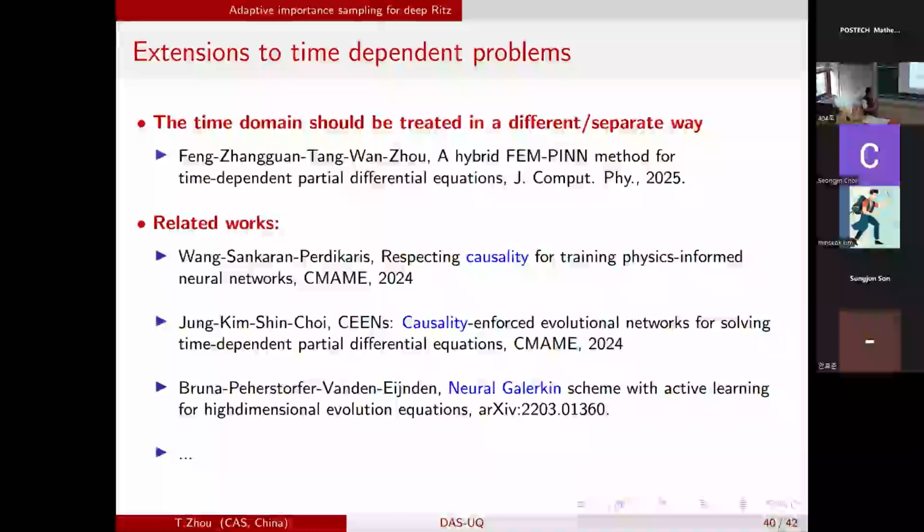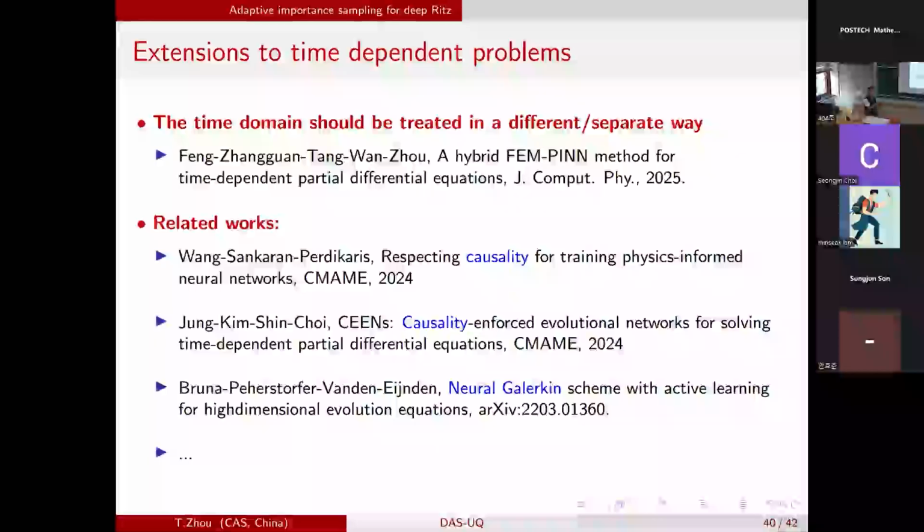But until now, I didn't touch anything for time-dependent problems. Although I just presented an example for Burgers' equation, that equation is very easy to solve. For general nonlinear time-dependent problems, you have to consider some new techniques to describe the time domain.